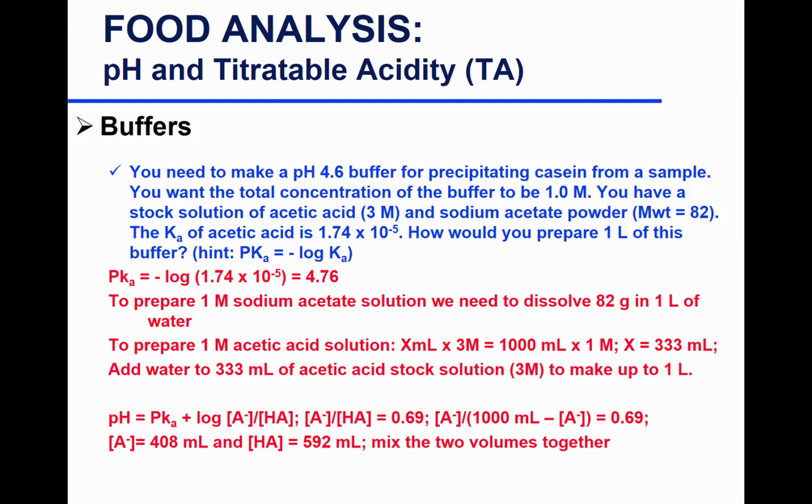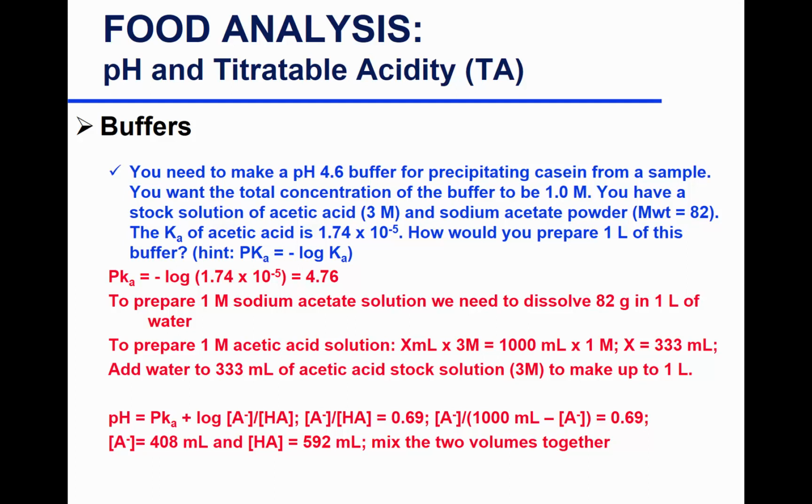So in your equation, instead of solving for a concentration in millimolar, you solve for volume, because you have equal concentrations. Your final volume is 1,000 ml. So you're basically solving for A minus, and here instead of putting 1 molar, you put 1,000 milliliters in, because that's the total volume you want.